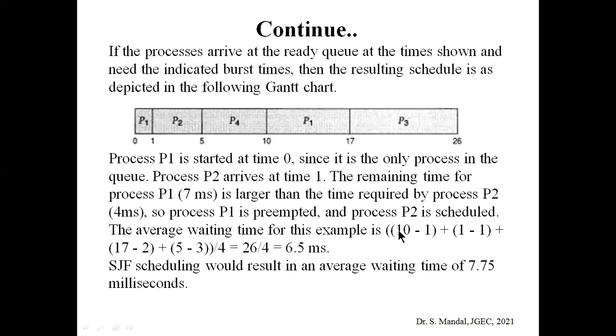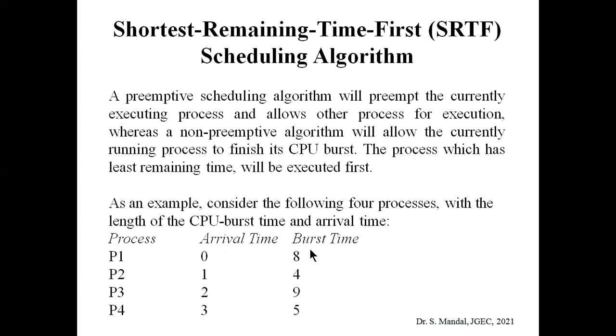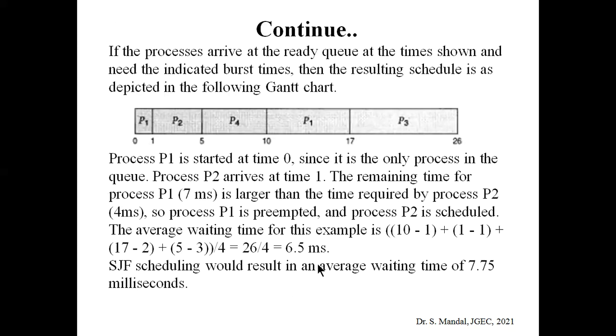So the average waiting time for this particular problem is 9 plus 0 plus 15 plus 2, divided by 4, that is 6.5 milliseconds. That is the shortest remaining time first, SRTF, algorithm.